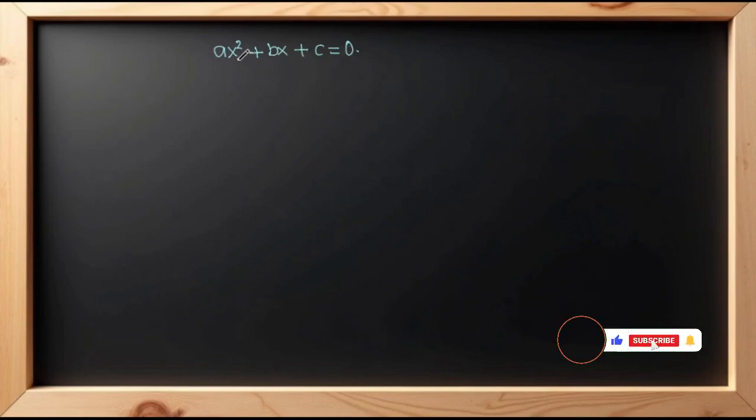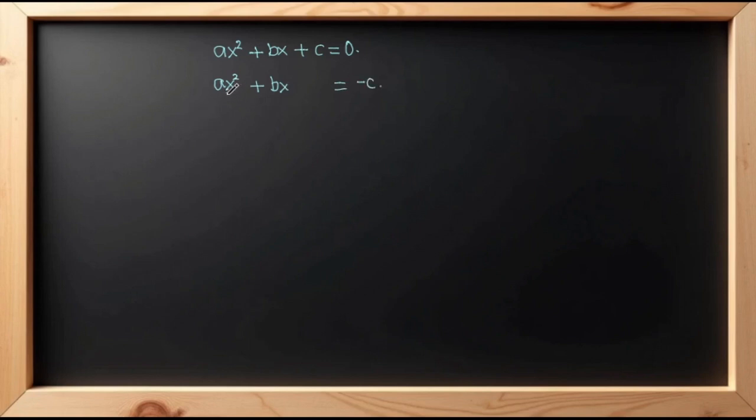Simply we're just making x the subject of the formula. What is the first condition? The first condition is to take our constant to the right hand side. So we have here ax squared plus bx equals negative c.